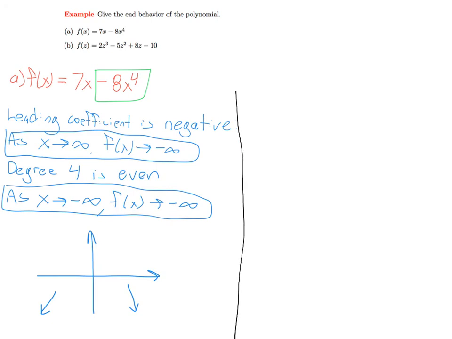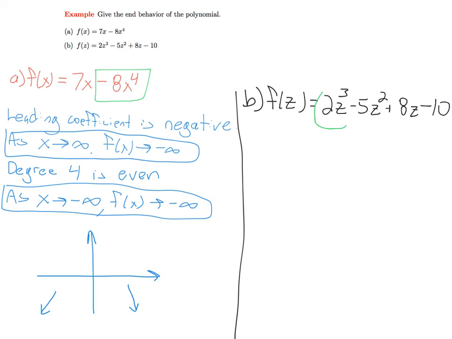In part B, we now have the function f of z is equal to 2z cubed minus 5z squared plus 8z minus 10. And here, again, we just need to take a look at the leading term, and in particular, the leading coefficient and the degree.